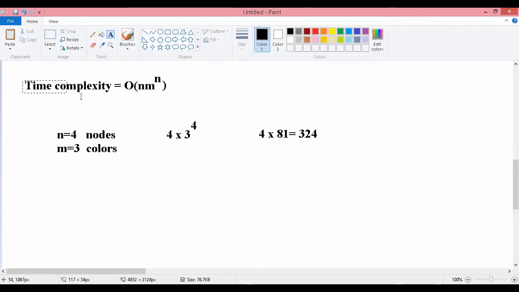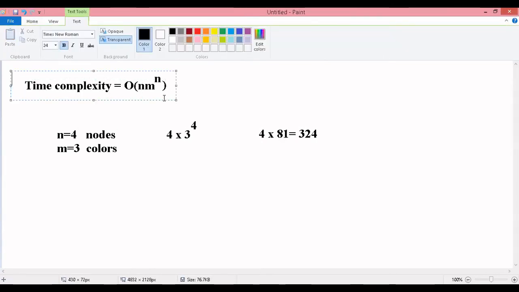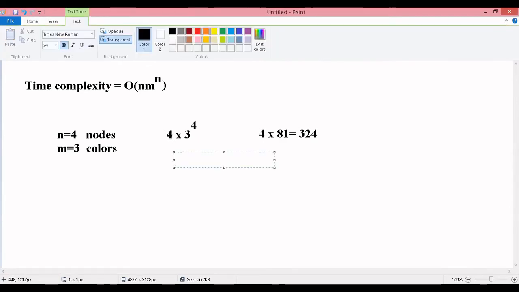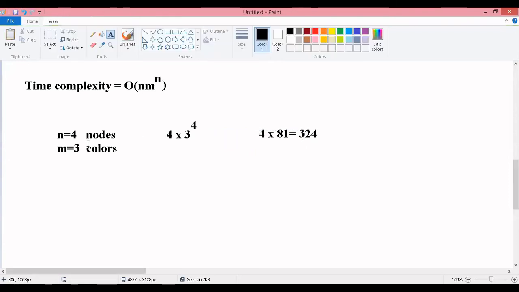The time complexity of a graph coloring problem is given as big O of n into m to the power of n, where n represents the number of nodes and m represents the colors. If we substitute these values, the formula is 4 into 3 colors, red, green and blue, to the power of 4.